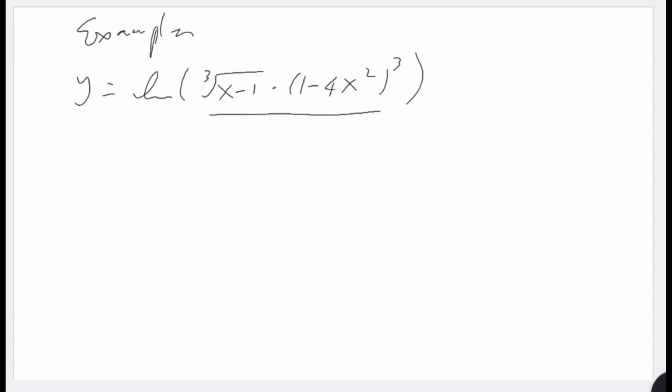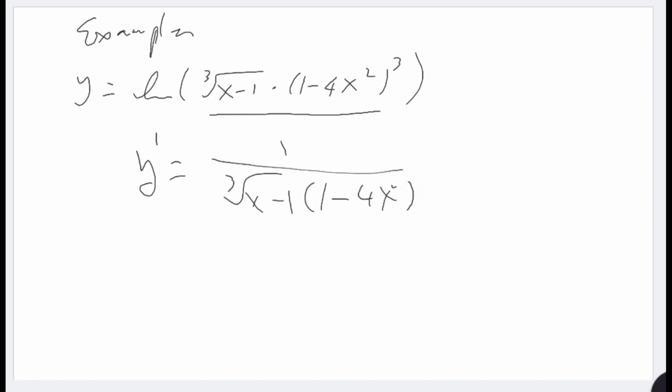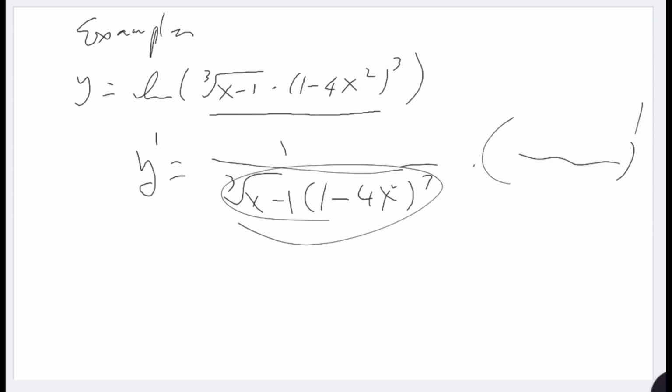If we just go ahead, it would be like 1 over this f times this monster prime. And that's a product, that's just so complicated.